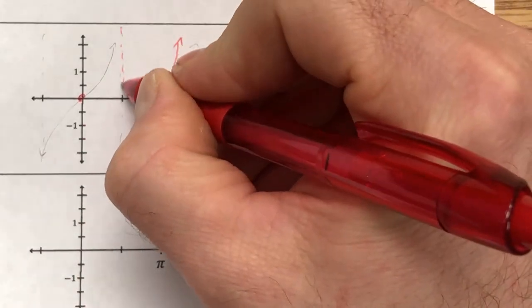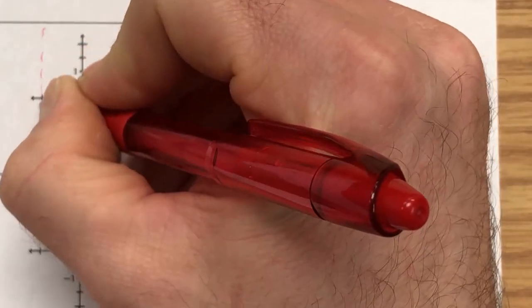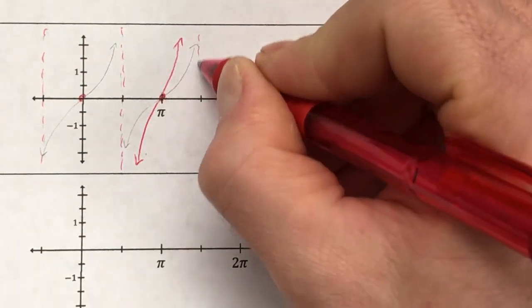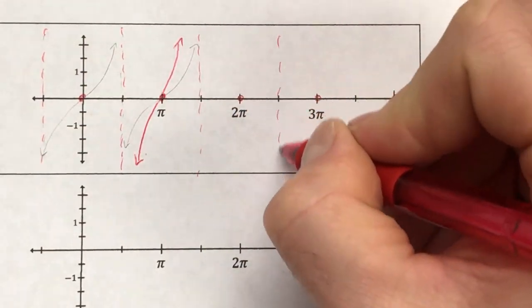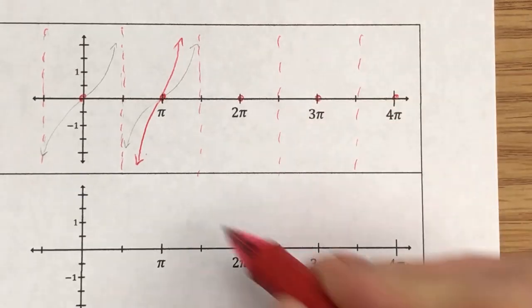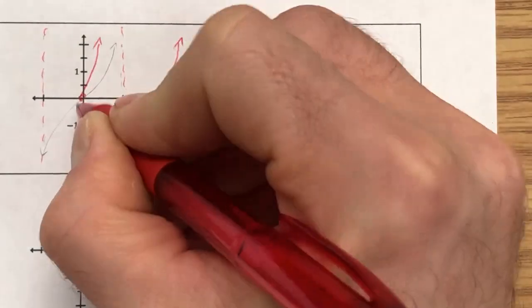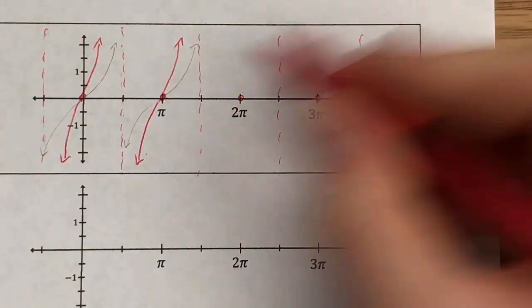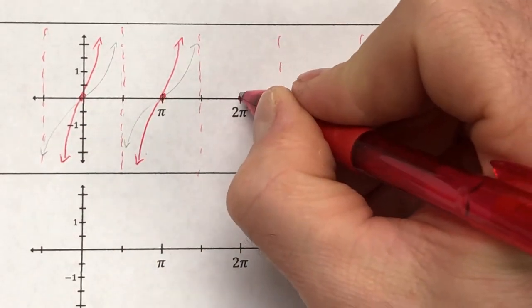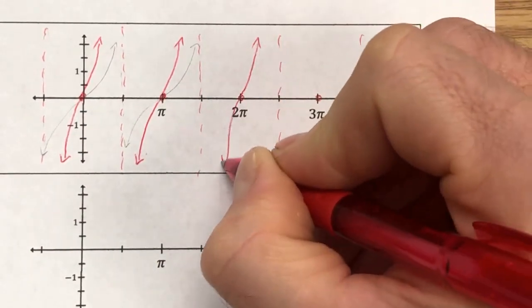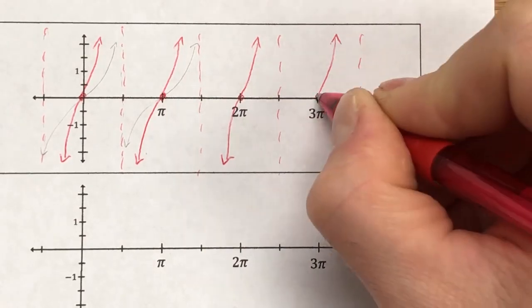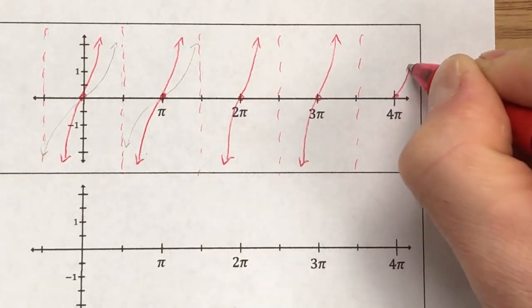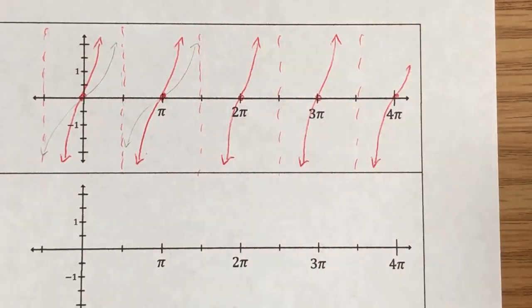It doesn't change where the asymptotes are either. All the asymptotes still exist directly between these 0 values. But it does change how quickly the graph tries to get up as it moves towards the asymptotes. What was going to be a very gradual curve with a 3 is going to be a very steep curve. Awesome.